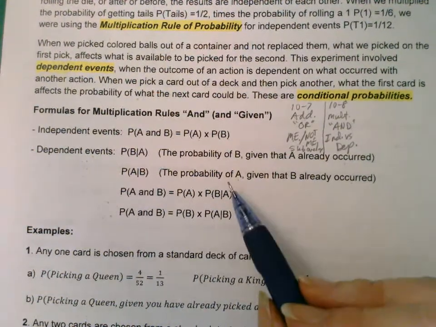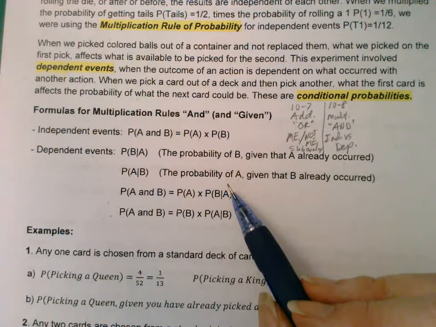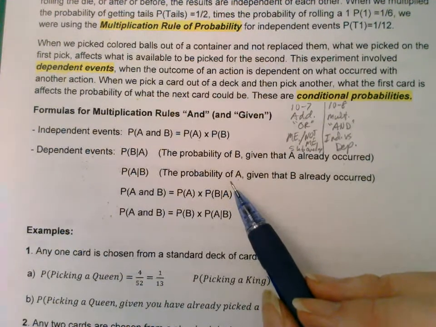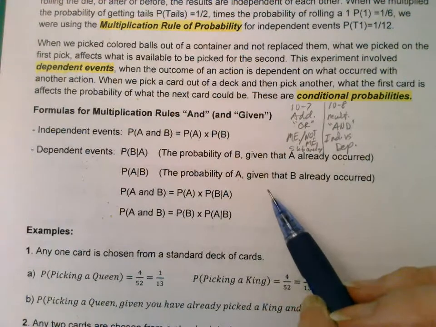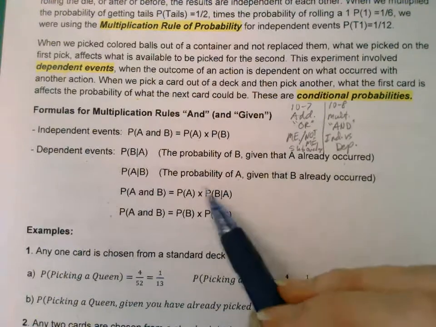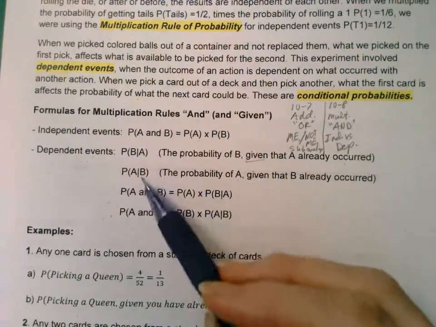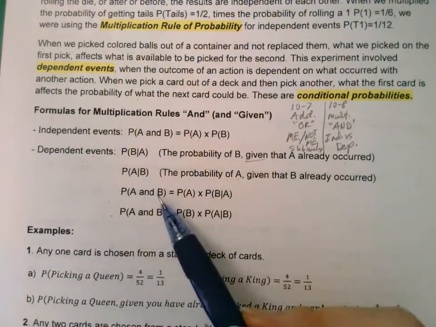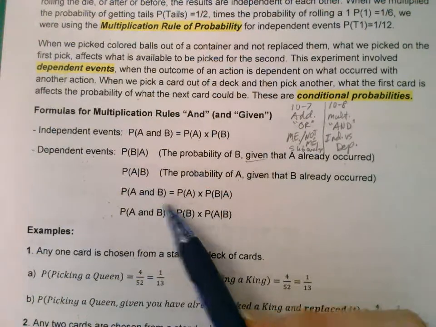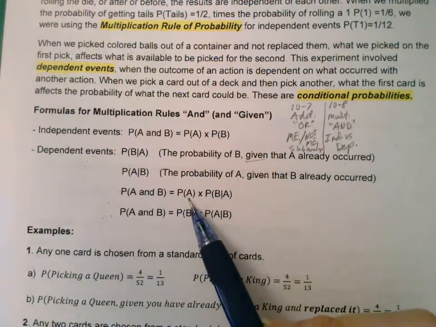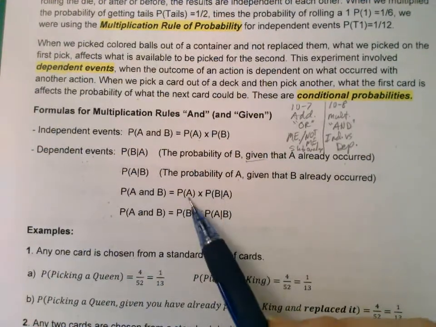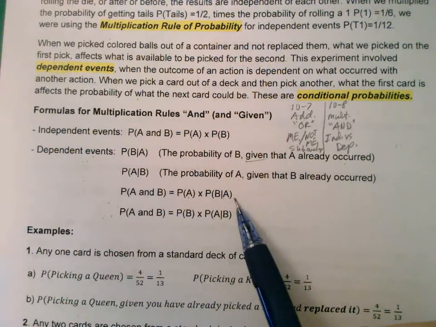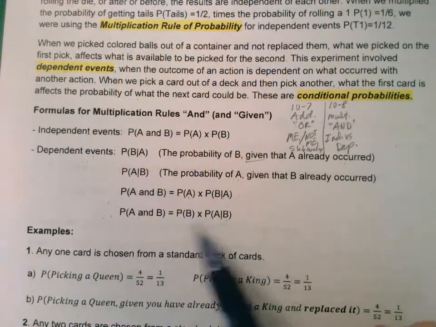I'm trying to think of one we just did: the freshman and sophomore, given that they're a sophomore, it's a female. We've seen the word given before, so just make sure you're understanding that. In a dependent event with an and, we're still multiplying, but we're multiplying the probability of the first one times the given probability of the one that happened first. So if B happened first, we're writing it this way.